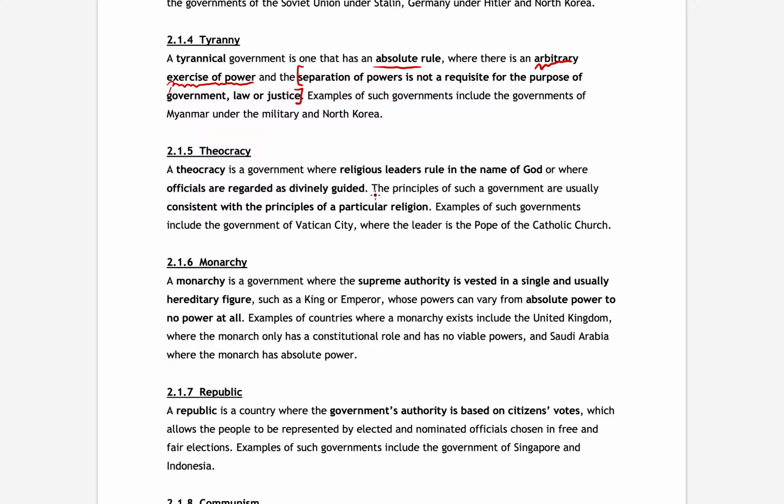So the Pope is essentially the highest authority in Vatican City when it comes to governance of Vatican City itself. He obviously rules in the name of God, right? He is considered divinely guided not just by the government officials and the citizens of Vatican City, but also by millions of people around the world. So that is an example of a theocracy.